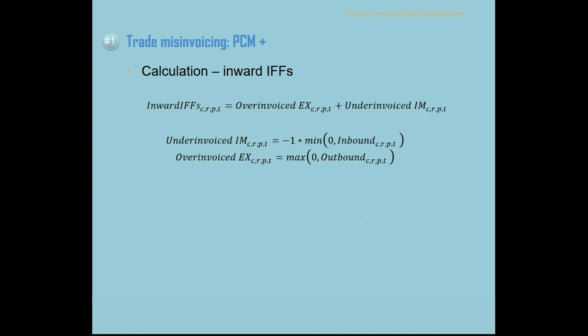On the inward illicit financial flows, we see that they are composed of two parts: so-called over-invoiced exports and under-invoiced imports. Over-invoiced exports, what does that mean?